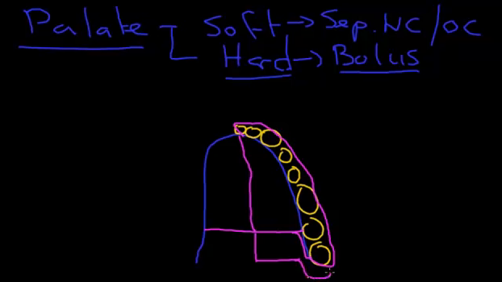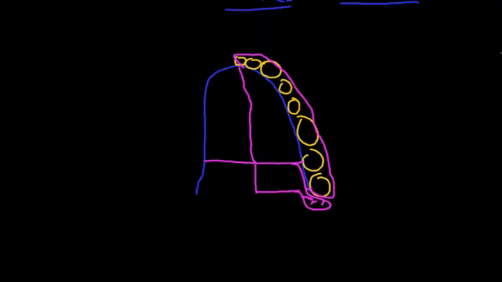So all the teeth are embedded in maxilla, and the palatine bone forms the posterior 1/3 and has a little piece of palatine bone, and I'm overdrawing it here just to emphasize it, which sneaks in here to separate the sphenoid bones. Here's the lateral pterygoid plate and the medial pterygoid plate with the hamulus hanging off it.